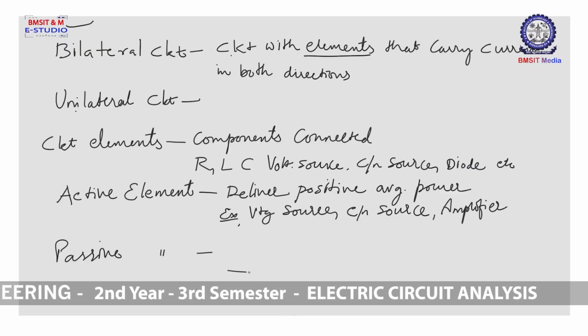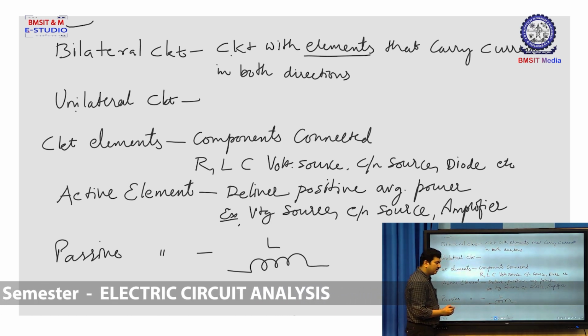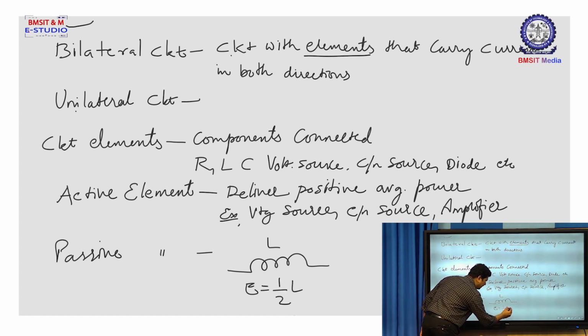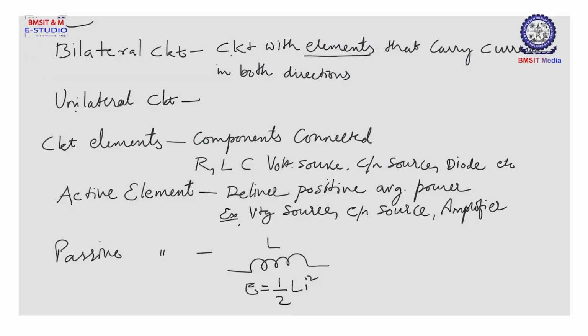If I take an inductor of self inductance say L, the energy stored in this inductor is equal to half L i square joules. If you take a capacitor of capacitance C, then the energy stored in this capacitor is half C V square.